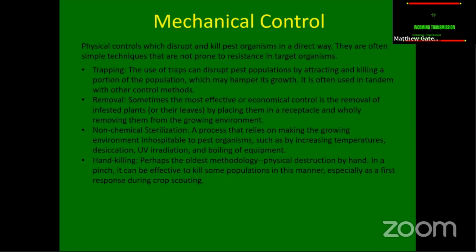You can straight up remove the pest, which is oftentimes really helpful, especially if you notice that you only have one plant that's colonized by spider mites, or if you have a really pernicious, very serious pest, like maybe hemp russet mite.